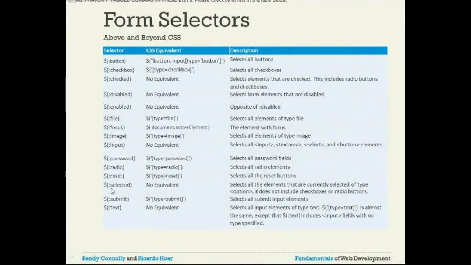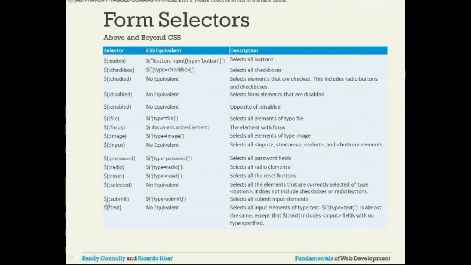And colon selected, it is going to select all the elements that are selected and are of type option. Okay, this selected does not cover the radio button or the checkboxes.